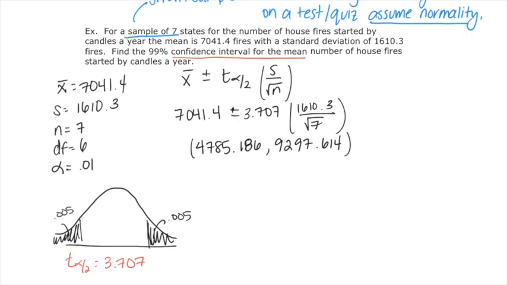We'll go ahead and write our interpretation. Again, just exchanging those values or those blanks in that standard structure for our interpretation.